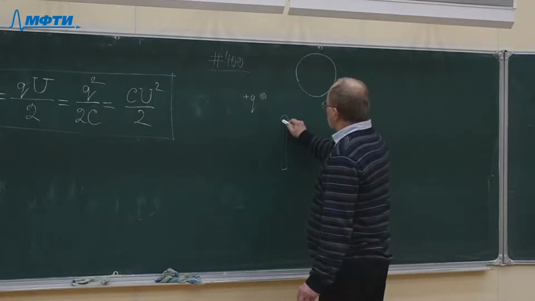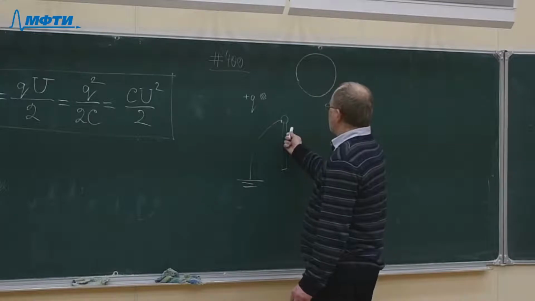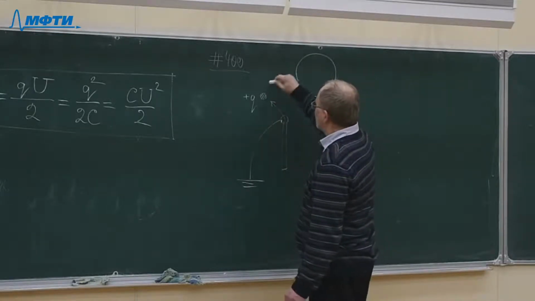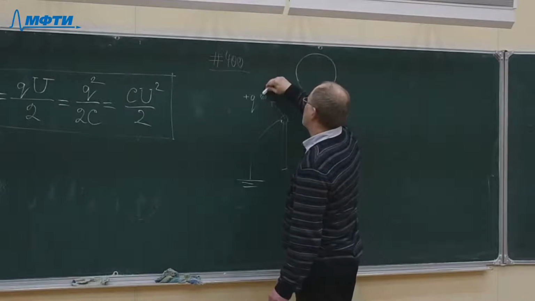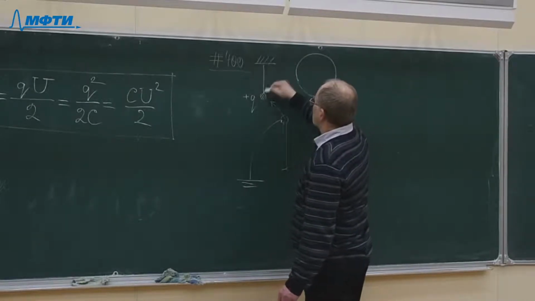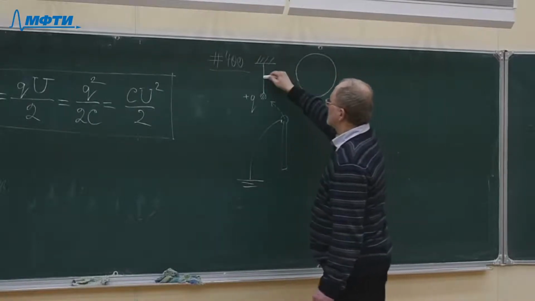And we connect this ball to the ground and carry this ball closer to the charged ball. And this initially charged ball may be, for example, hanging on a silk thread, so that the initial charge doesn't flow away, because this is also an insulator.